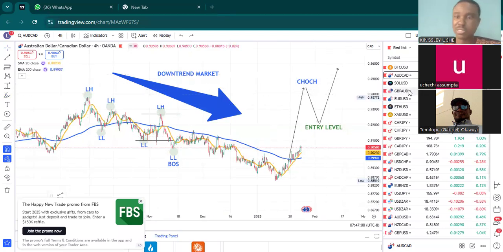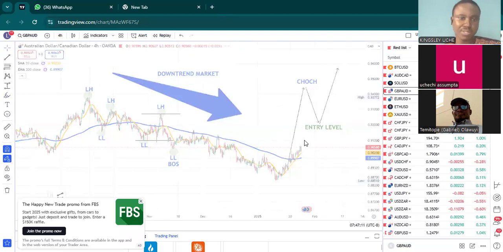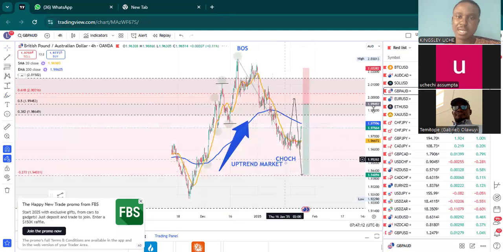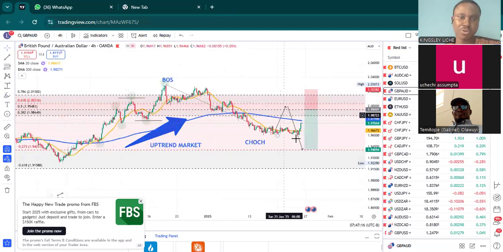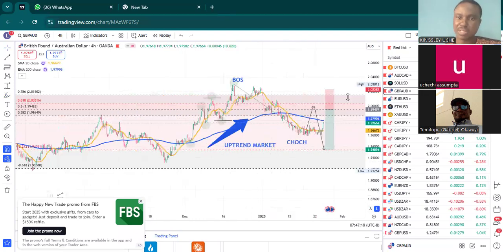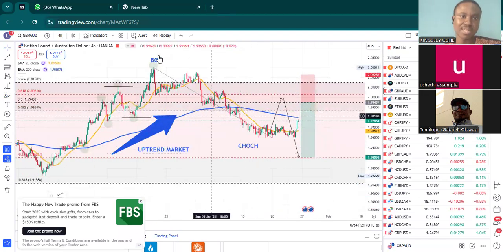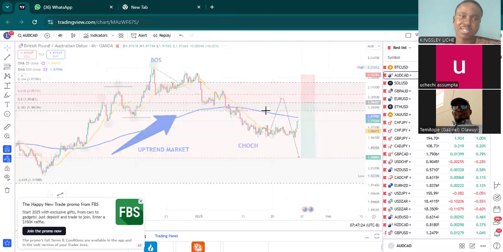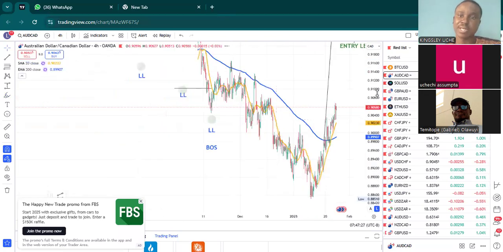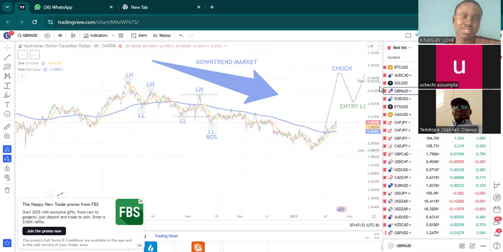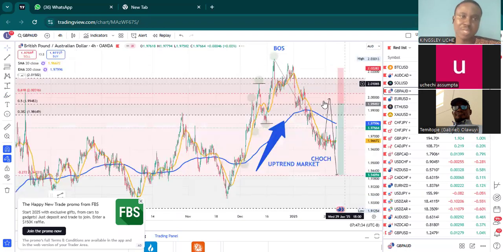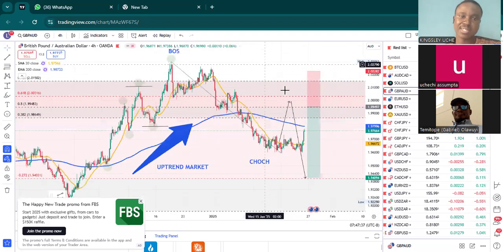All right, I'll be going towards the GBP AUD, the pound Australian dollar. On this pair, you can see we already have a break of structure and a change of character, which has already been formed. On the AUD CAD, we saw a downtrend, with lower highs and lower lows. But on the GBP AUD, we can see it's an uptrend.